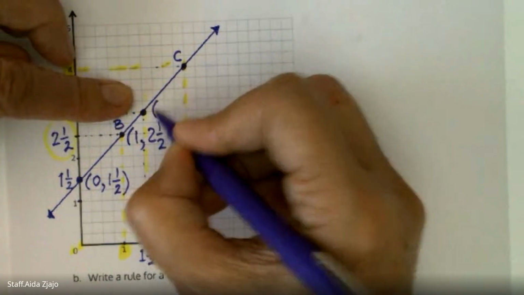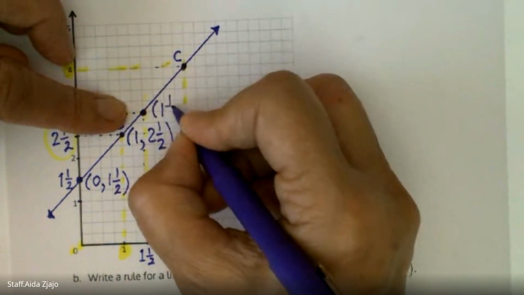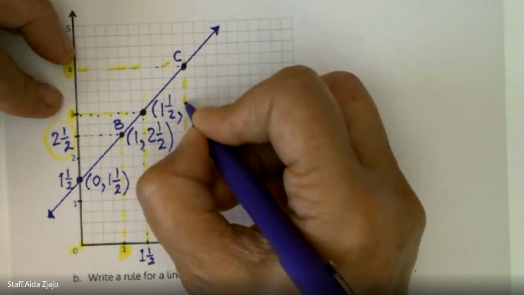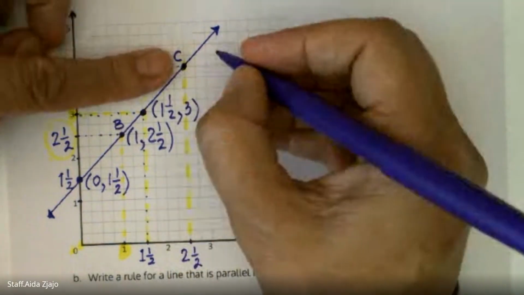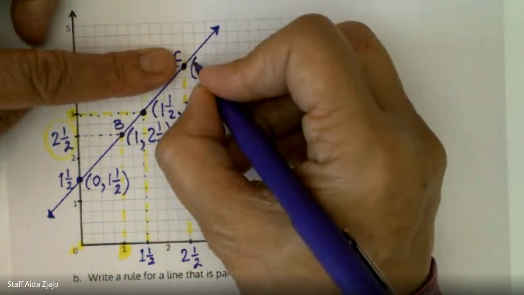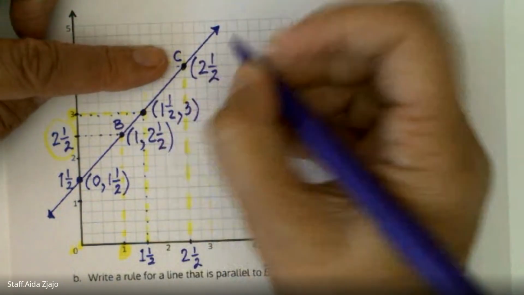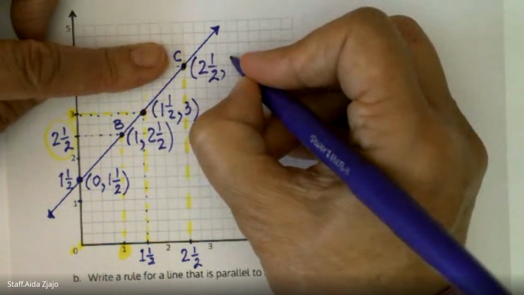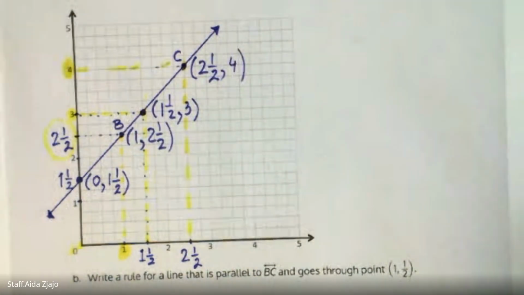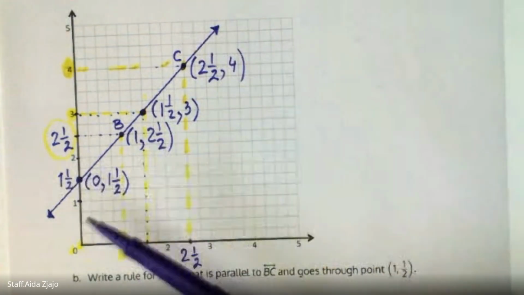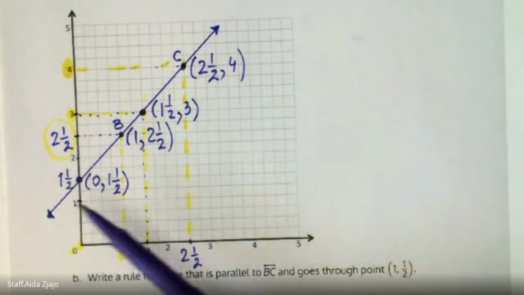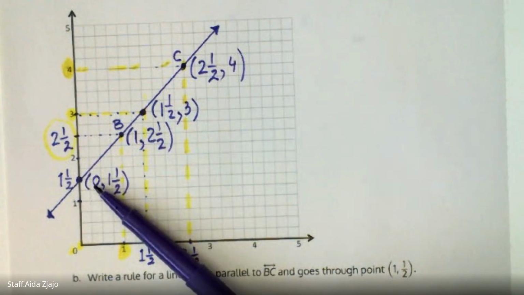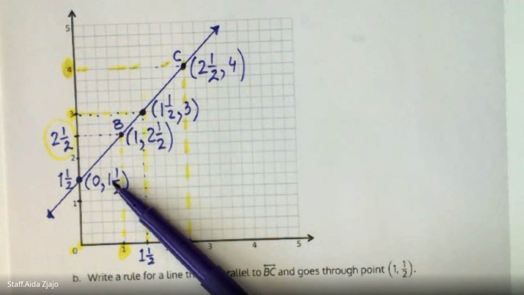This point here is 1.5 and 3. And then point C is 2.5 and 4. So when I do that, it helps me to observe the points and behavior. So if x is 0, y is 1.5.